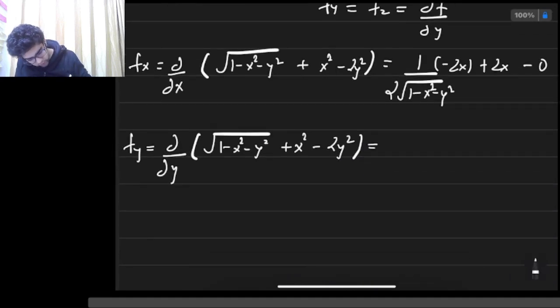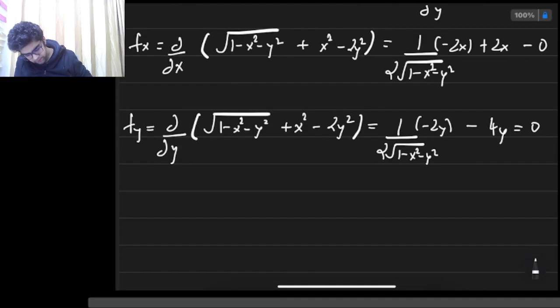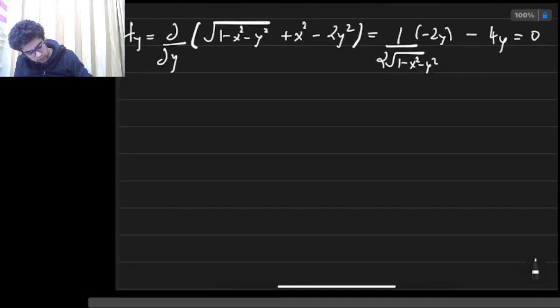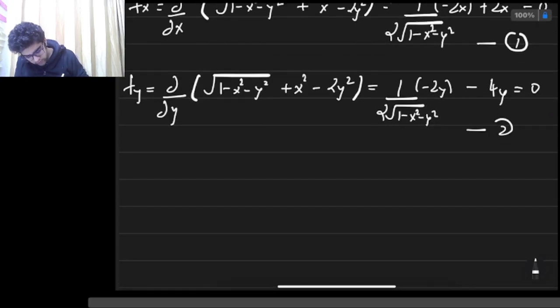So now this will be minus 4y, and this is equal to 0. So this is the first expression, and I need to equate this to 0, and this is the second expression.